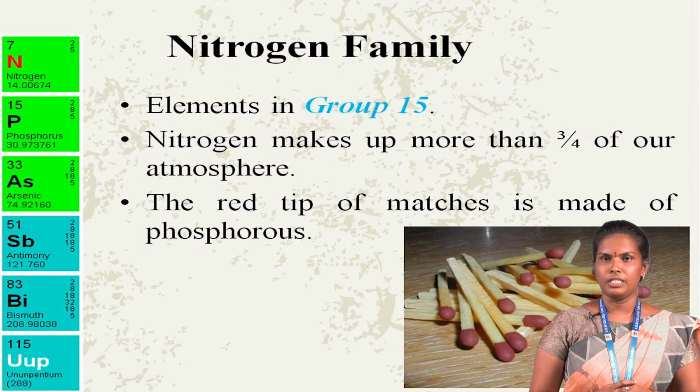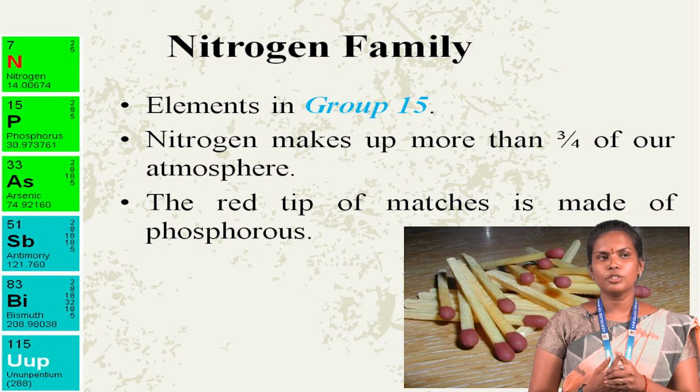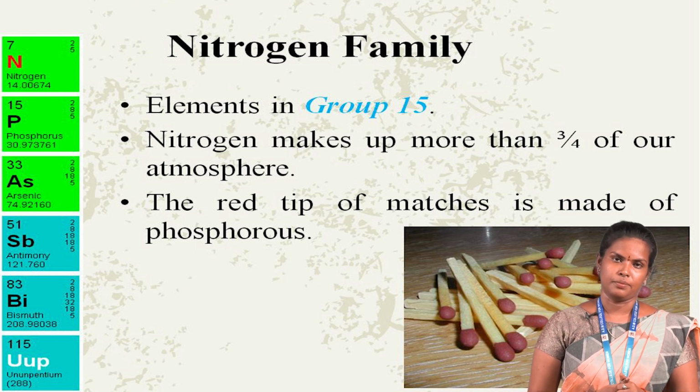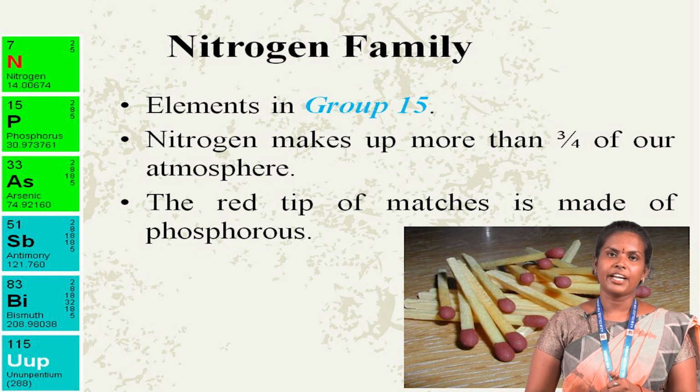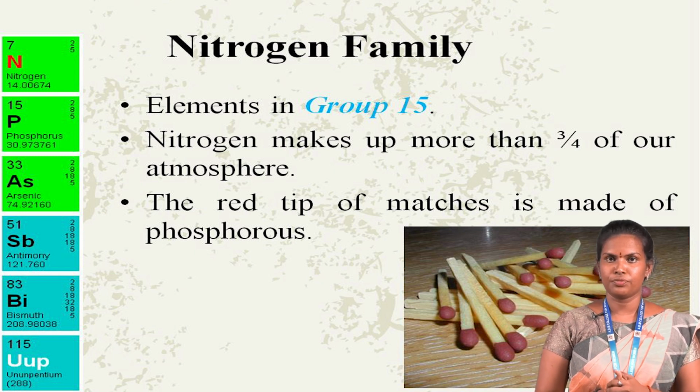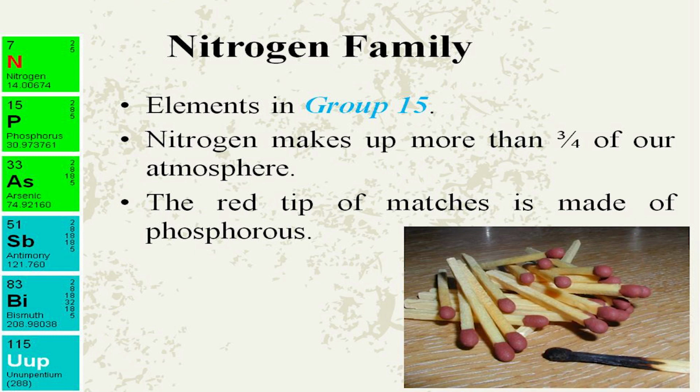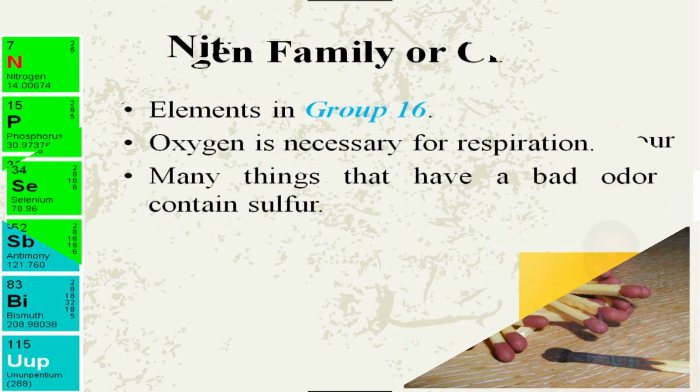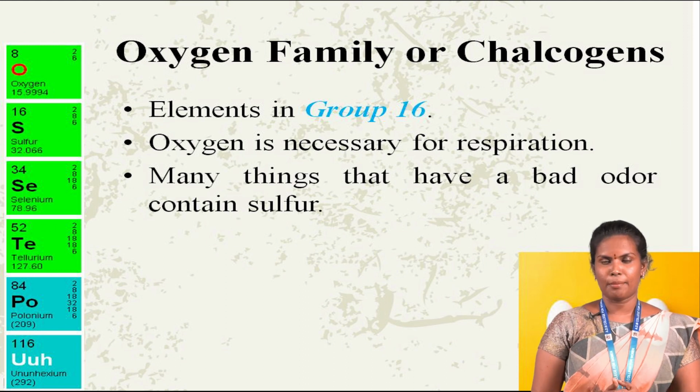Next, nitrogen family. These elements are present in group 15. Nitrogen makes up more than 3/4 of our atmosphere. The red tip of matches is made up of phosphorus. Next, oxygen family.